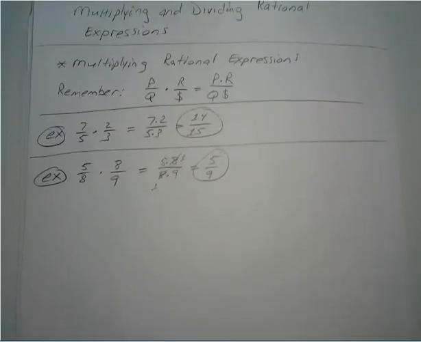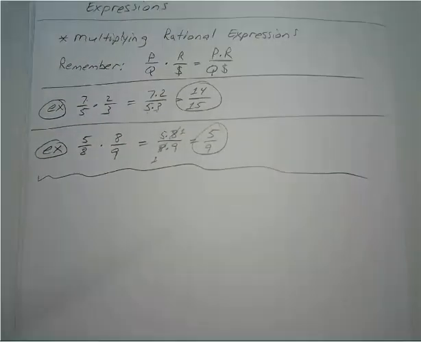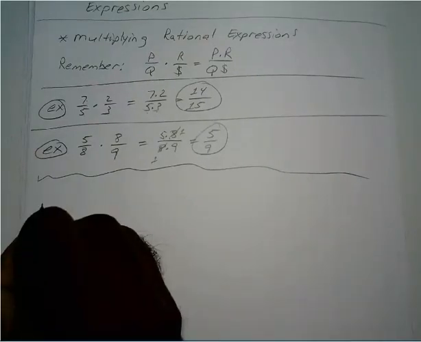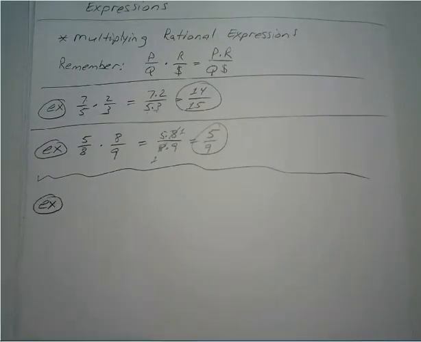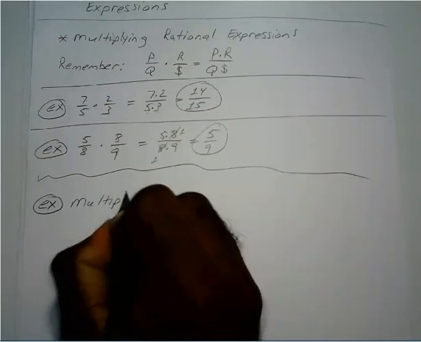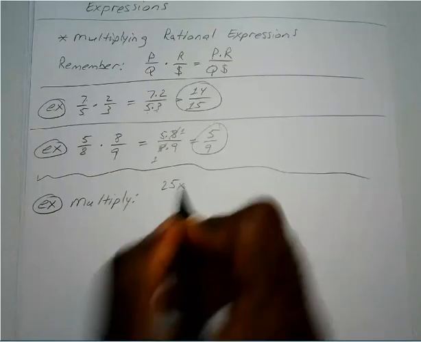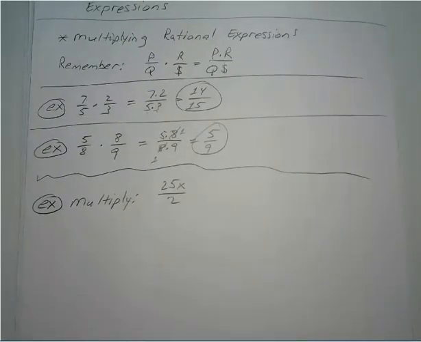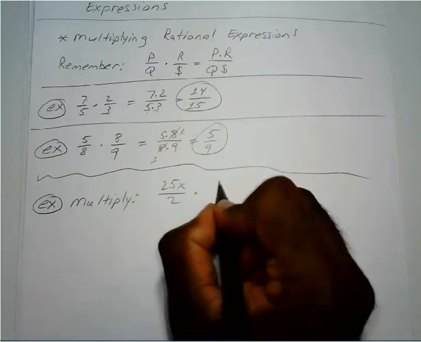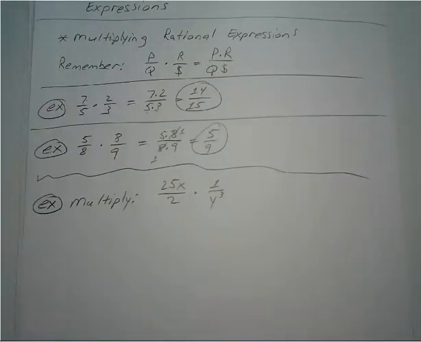Alright, so let's start with a few other examples. Okay, so let's say, for example, we wanted to multiply 25x over 2 times 1 over y to the third power. Okay, we'll throw a couple of variables in there.